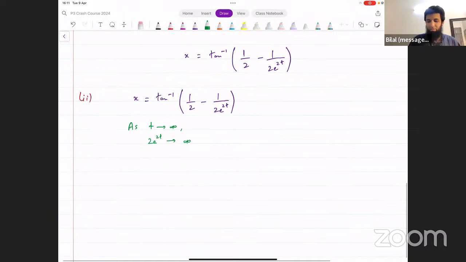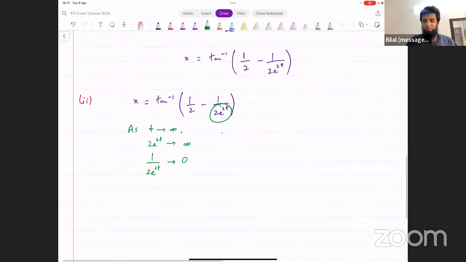So that means this denominator is now extremely large. Now, if the denominator is extremely large, what happens to 1 over 2 e raised to the power 2t? 1 over an extremely large number, what is this going to be? 0. This is going to go towards 0. So when the denominator becomes very large, this whole fraction approaches 0.